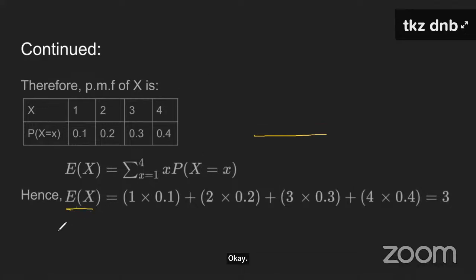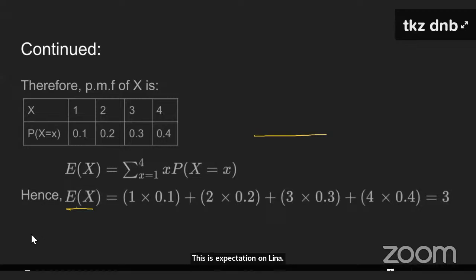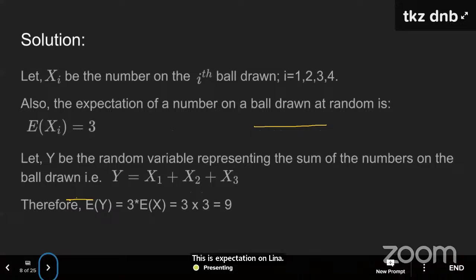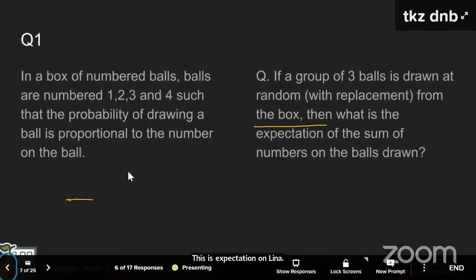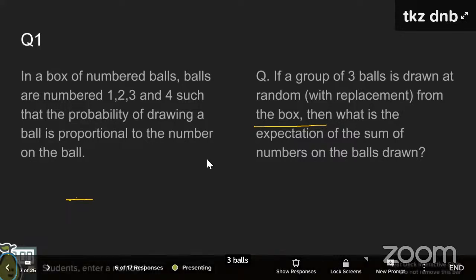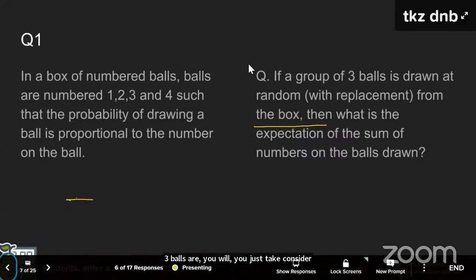But if the question asks that we have to calculate the expectation of the number on 3 drawn balls, then what do we have to do? You just create a random variable, let's say X or Y, which gives the number on the ball.